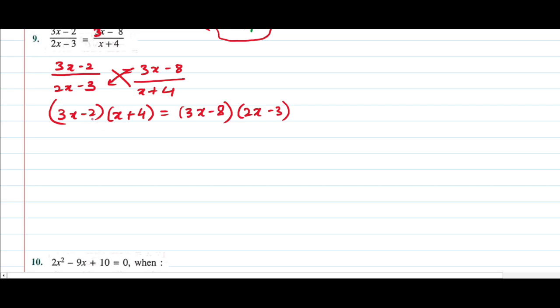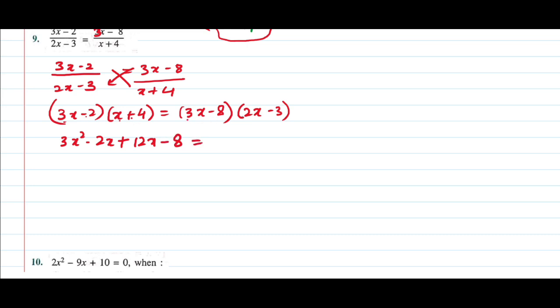Right, so now I'll multiply them. 3x into x is 3x square, minus 2 into x is minus 2x, plus 4 3s are 12x, and minus 2 into 4 is minus 8.